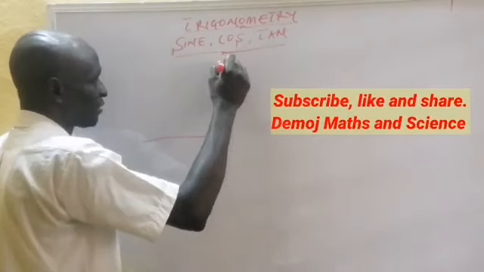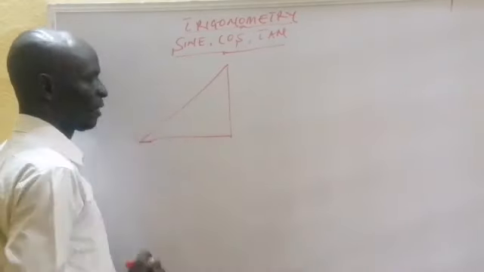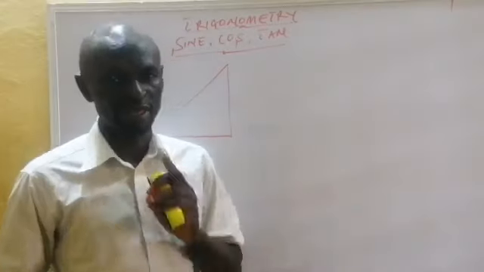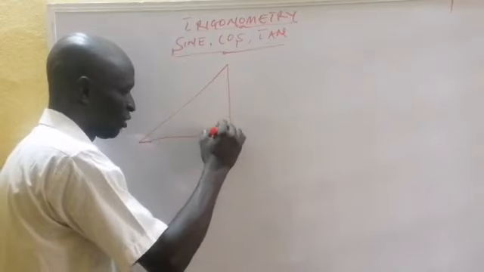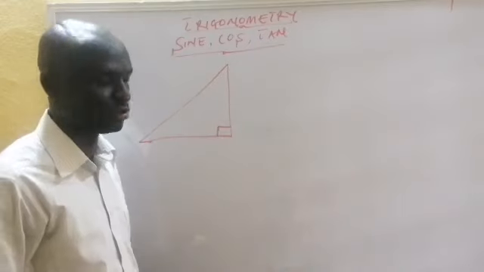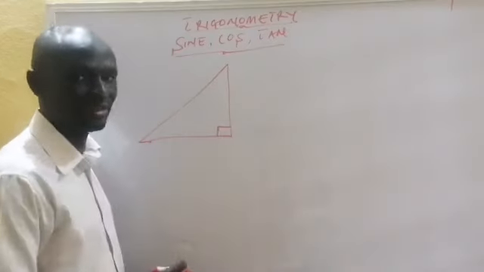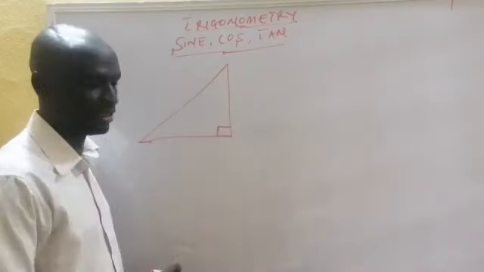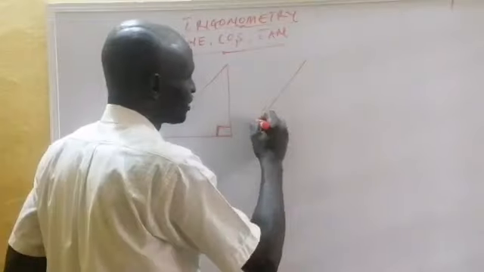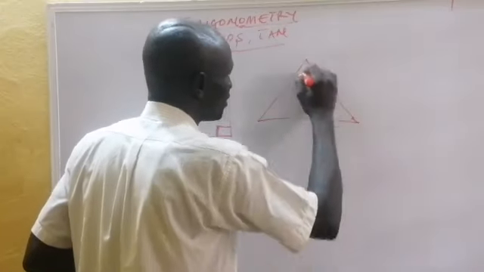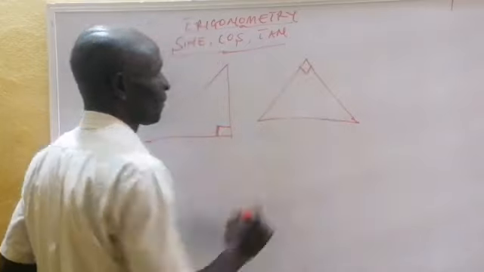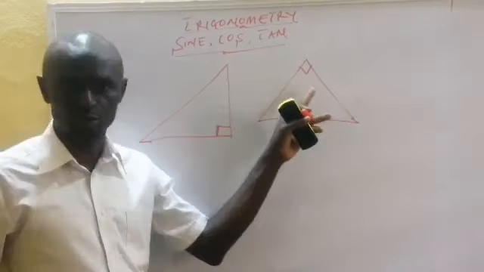If I have a right angle triangle this way, one unique characteristic of a right angle triangle is that one of its angles must be 90 degrees. This sign here illustrates 90 degrees. If I have it this way, I could have a right angle triangle coming this way. The moment I have this shape here, it tells me that this is a right angle triangle.